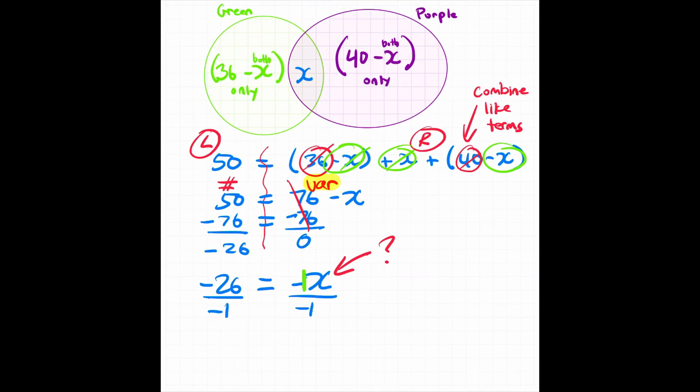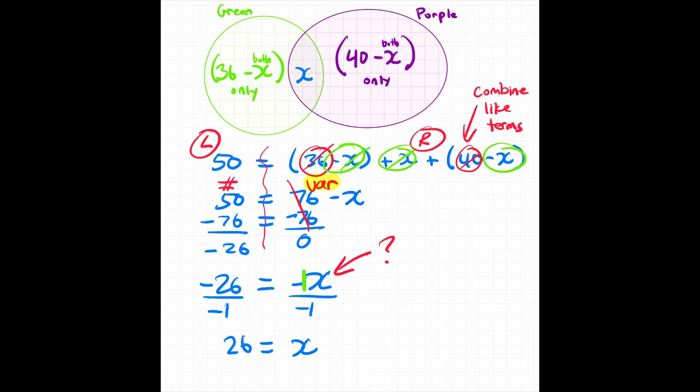Now, let's look at the right-hand side. What is negative 1 divided by negative 1? Well, that's a positive 1x. And again, we just don't write the positive and we don't write the 1. We just leave it as x in a simplified form. On the left-hand side, I've got a negative 26 divided by a negative 1. 26 divided by 1 is 26.